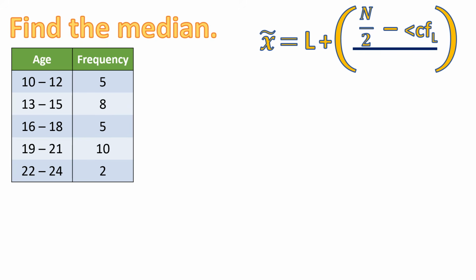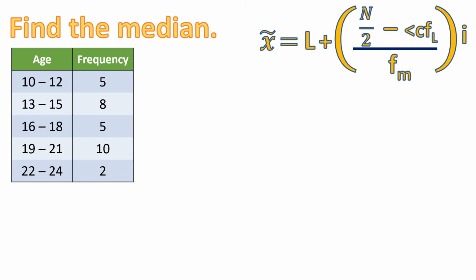The L in the subscript means the lower or lesser value, less than cumulative frequency. All over the fM, or the frequency of the median class, times the class interval.